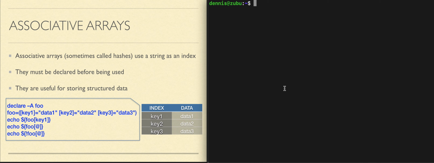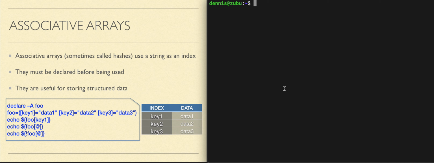This does have one downside in that the indexes are not automatic. You must always specify a name for them. And of course, they're not stored in any particular order, unlike the indexed arrays that use numbers and are always stored in the index array order.